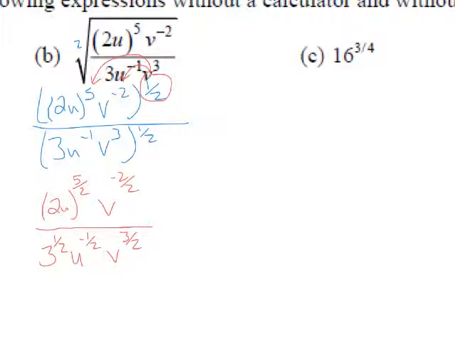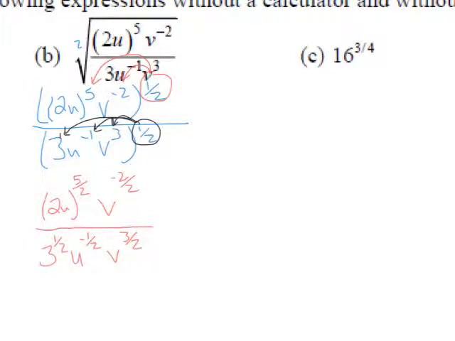Remember, when we distribute an exponent, we multiply our exponents. There's an implied 1 here, so 1 times 1/2 is 1/2. Negative 1 times 1/2 is negative 1/2. And 3 times 1/2 is 3/2.